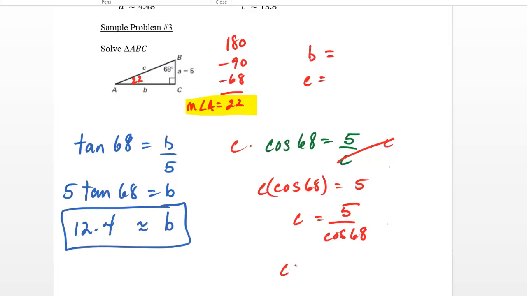And then I make C equal, and that's approximately 13.3. Now, if you go this route, if you have C in the denominator, what you're going to notice is that the C and the cosine of 68 are actually just going to switch places whenever you go through this process. And so that's a quick little shortcut so that you don't have to do these extra steps.